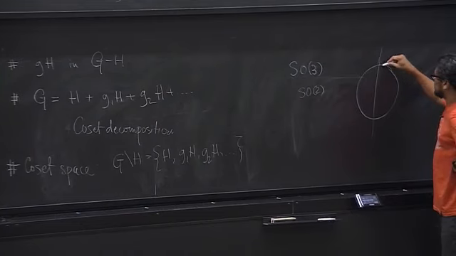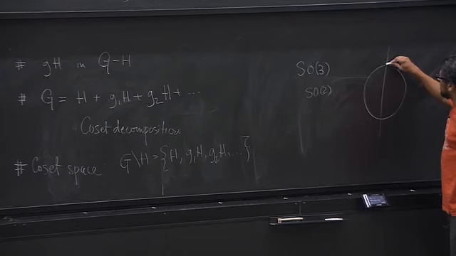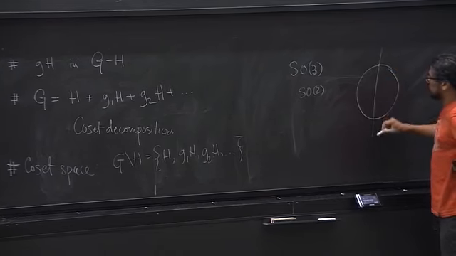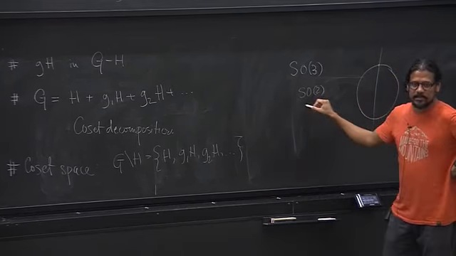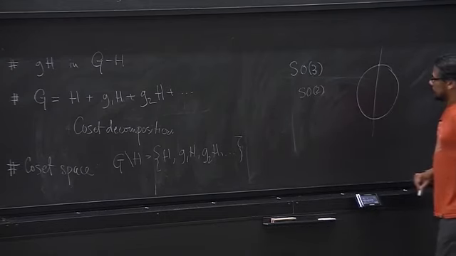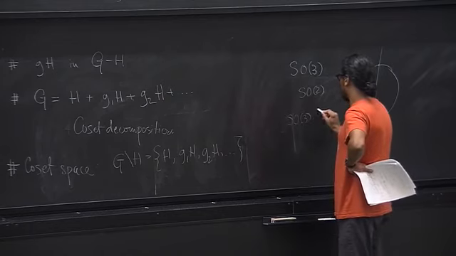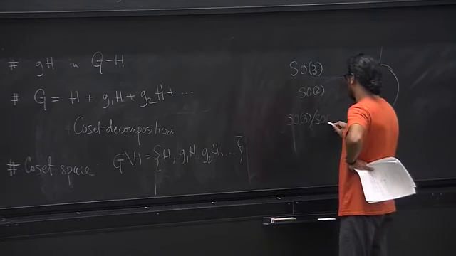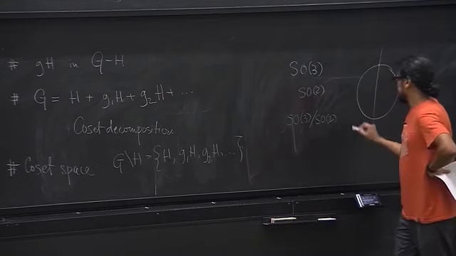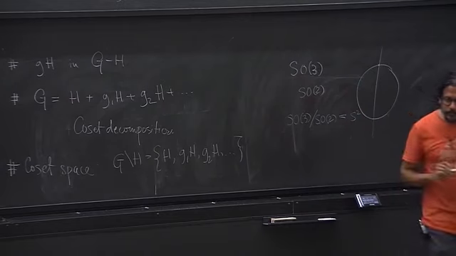The North Pole and the South Pole are invariant under rotations of SO(2). If you form the coset of SO(3) over SO(2), you can show that it is actually the two-sphere itself.